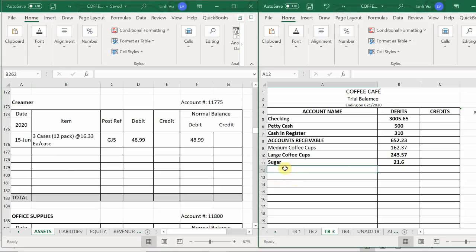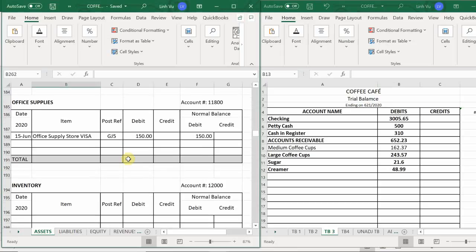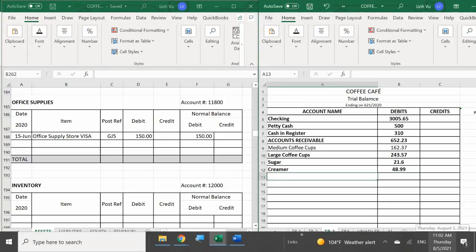Kramer. Next account we have here is office supplies, for a total of $150.